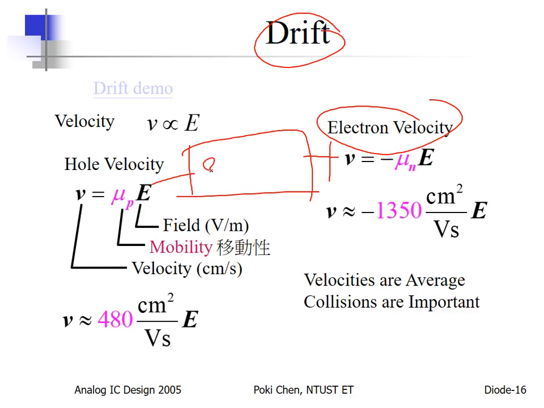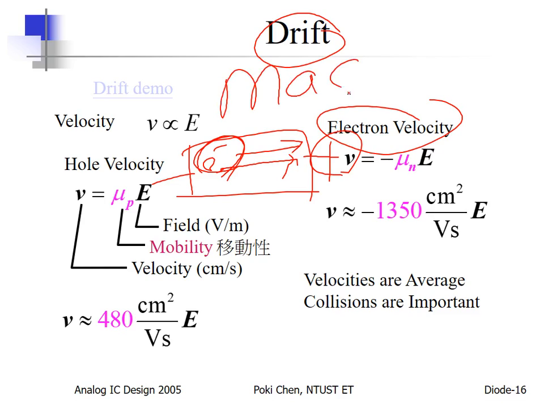All free electrons, by nature, will be attracted by the positive potential, so all the free electrons will move to the right. Is it correct? On average, yes. For the macroscopic view, correct: all the free electrons will move from the left to the right, from the negative to the positive.